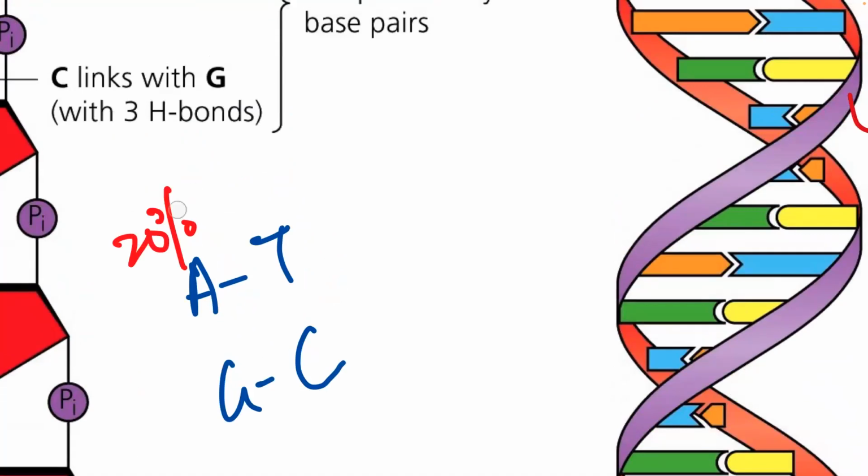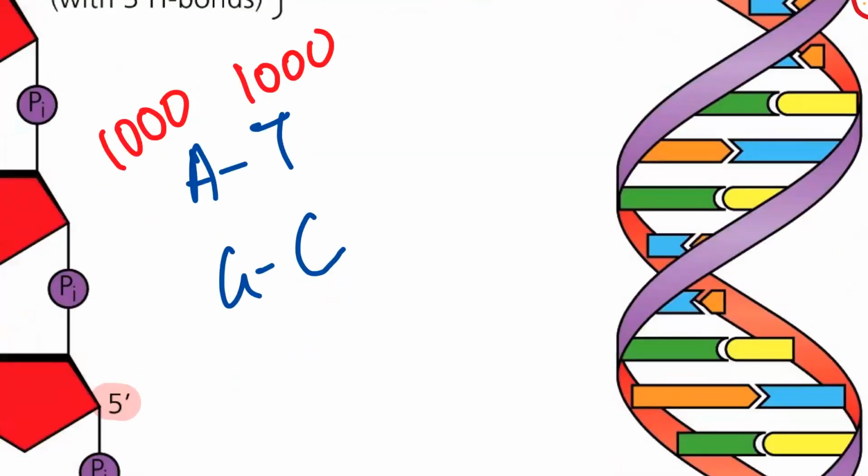Or just go with numbers. If I have 1000 A, then I will get how many? 1000 T. If I have 3000 G, I will have 3000 C.